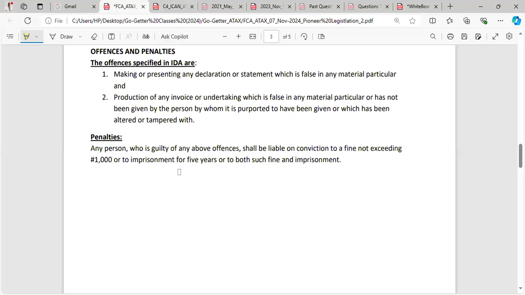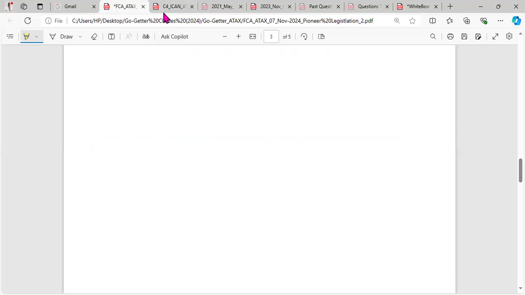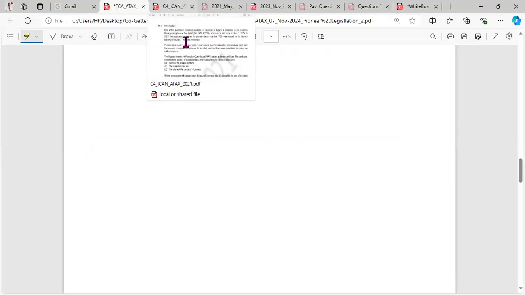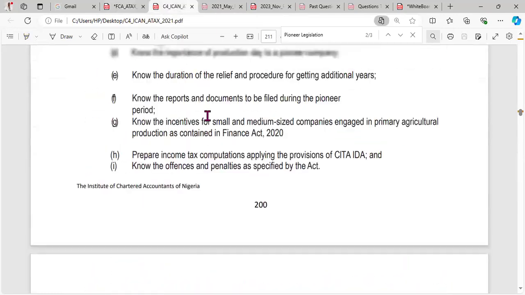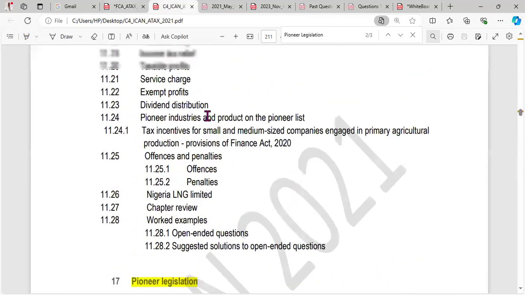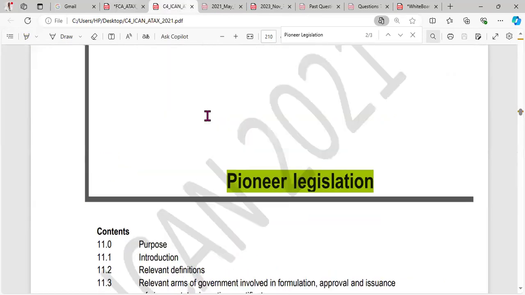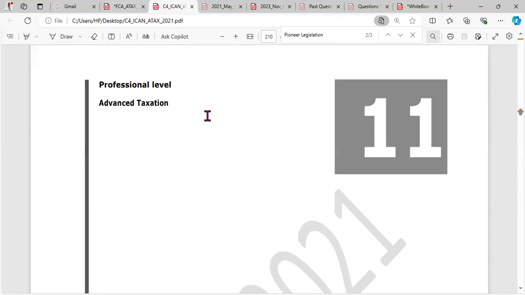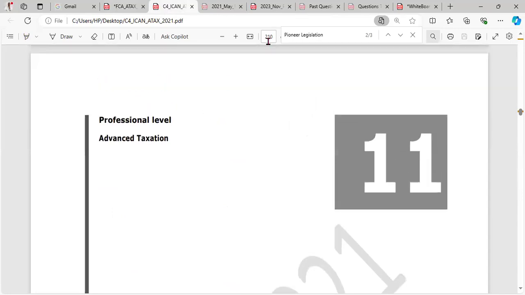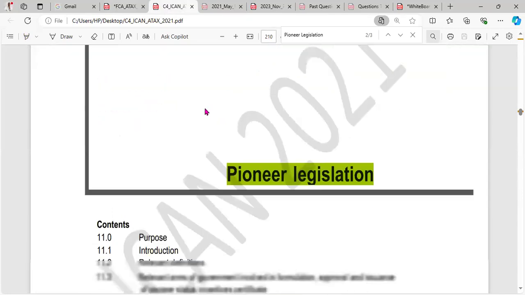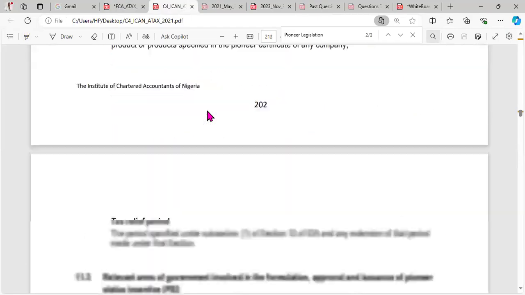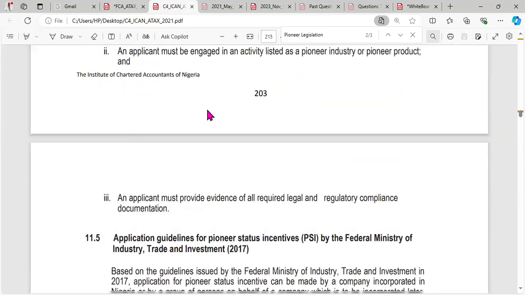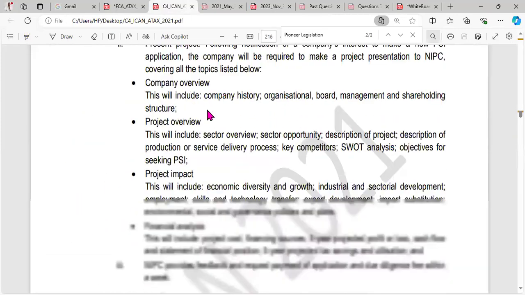All of this is just a summary of what you can see in your Pathfinder or your study pack. If you go to your study pack on page 210, you can see some of the write-up here. You can take your time to read through.